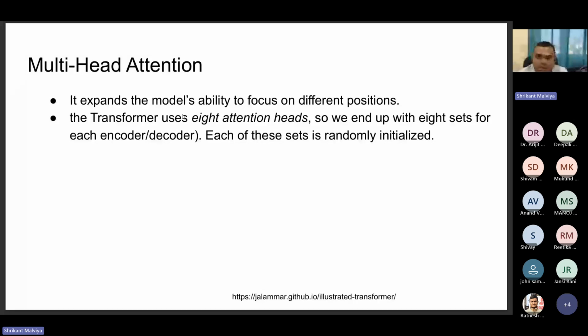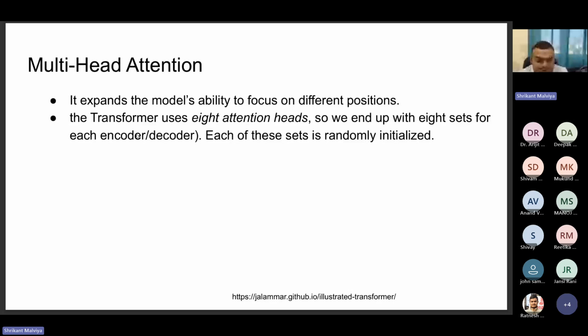One head may be utilizing the dependency among the words, the part of speech dependency. Some others may be finding other patterns in the input. So having multiple heads gives the model the ability to process multiple patterns in the input.